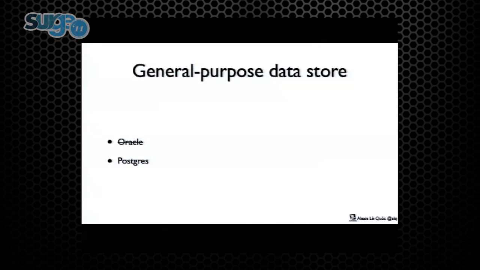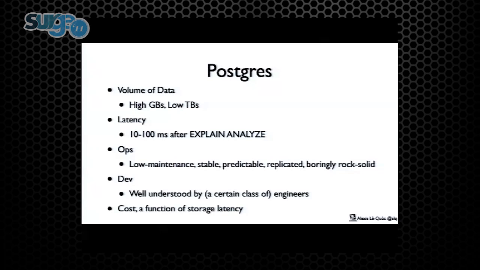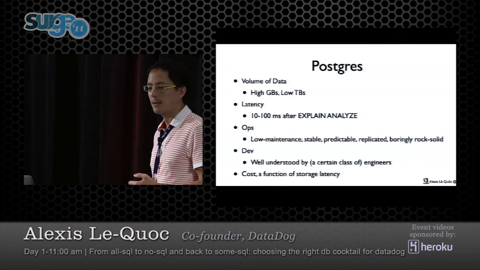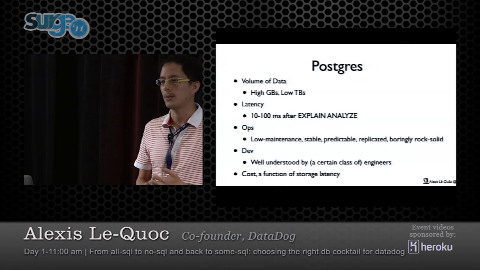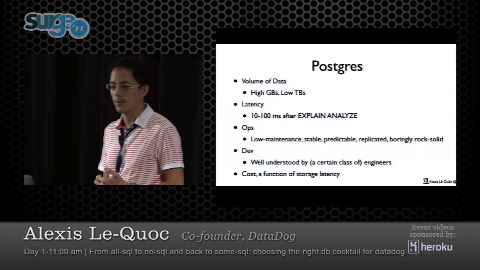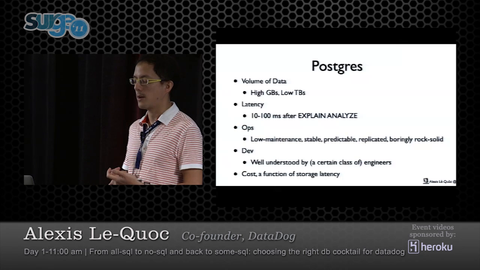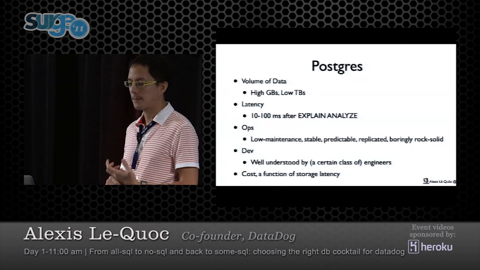So that left Postgres. In terms of data volume, we knew we could get it to a high number of gigabytes, a low number of terabytes at least, without going crazy. Latency, after you run EXPLAIN ANALYZE, you can get down to about 10 milliseconds on EC2. From an ops perspective, it's almost as boring as Redis, not quite, but almost.